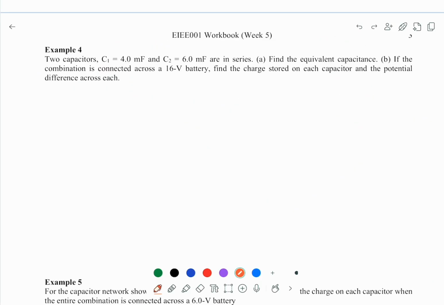Two capacitors, C1, C2, are connected in series. Find the equivalent capacitance. Okay, C1, C2, I want to find the equivalent capacitance. So this is C equivalent.